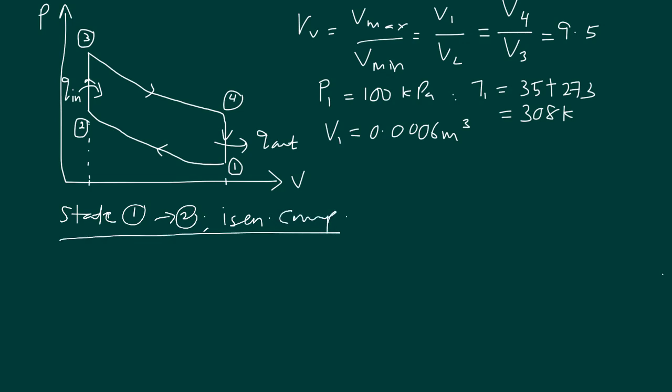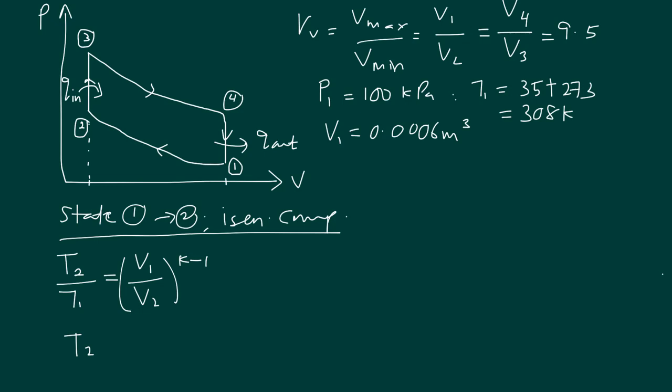So because of this isentropic compression, you can make use of T2 over T1 equals V1 over V2 to the power K minus 1. This one you need to recheck from your notes given to you. In this case, if you have a look here, this is actually your compression ratio, and it's already given to you, 9.5.